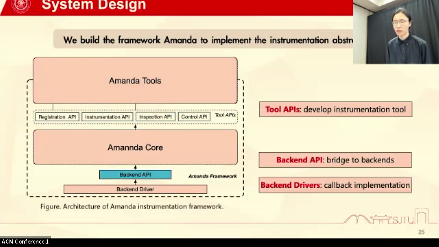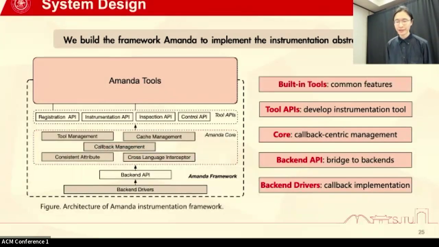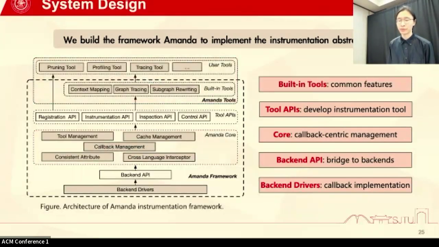And the backend APIs are used to extend the Amanda framework to different backends, such as PyTorch or TensorFlow. And at the center, we have the Amanda core, which is the callback-centric management of the inserted callbacks to deliver all kinds of cool stuff. And at the top, we have different instrumentation tools.